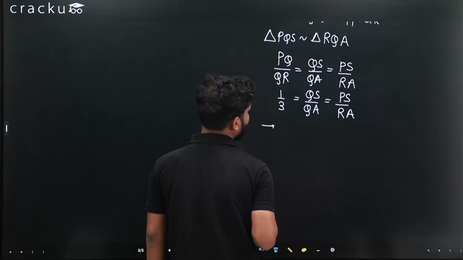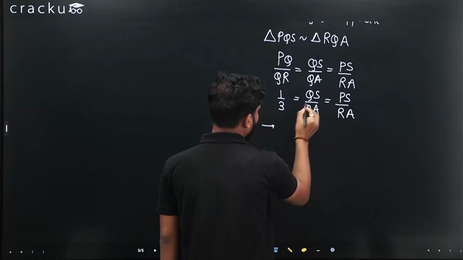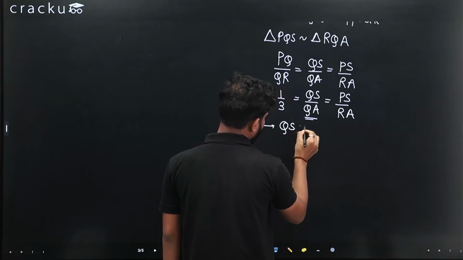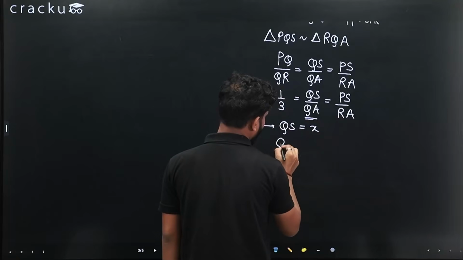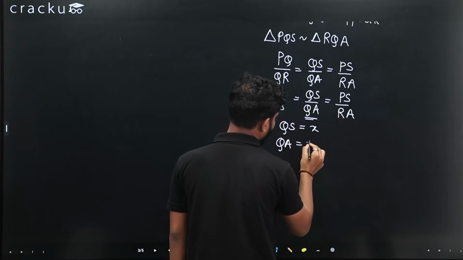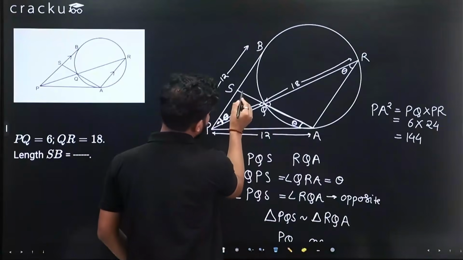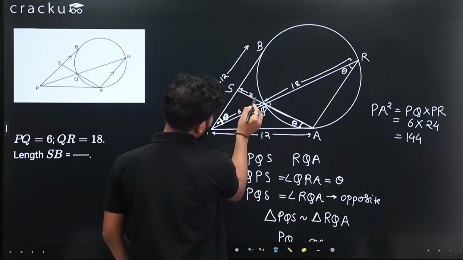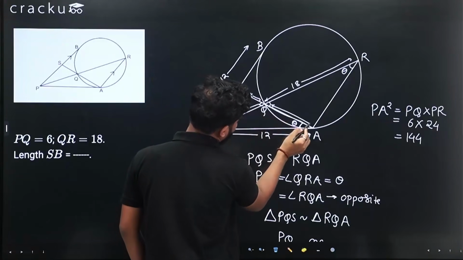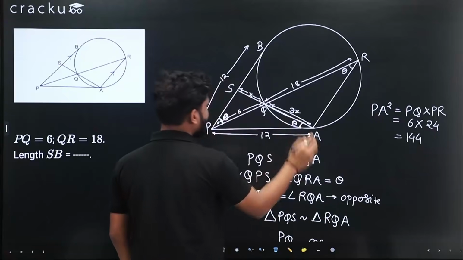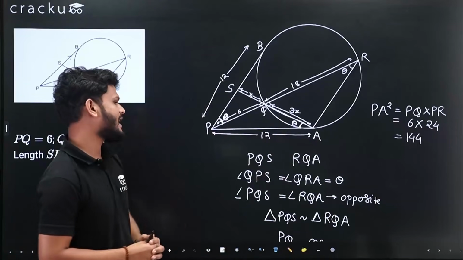So if I say QS is x, QA will be 3x. So let us say this QS is x, then this will be 3x.